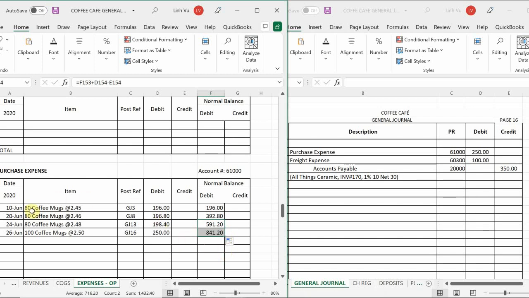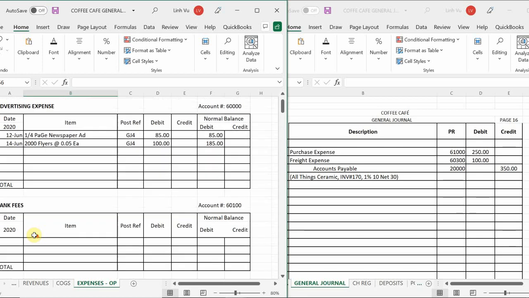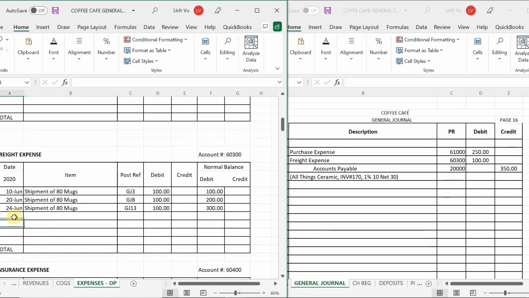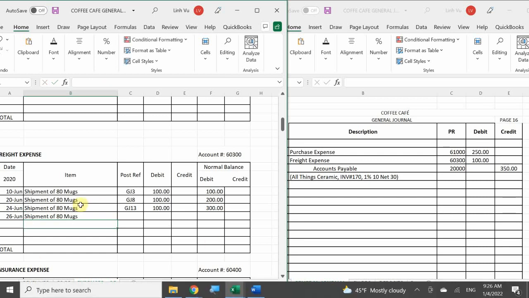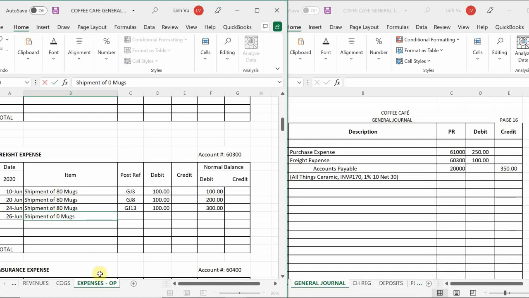Okay. We got some freight expense. So what's my total freight expense? 400. Good.